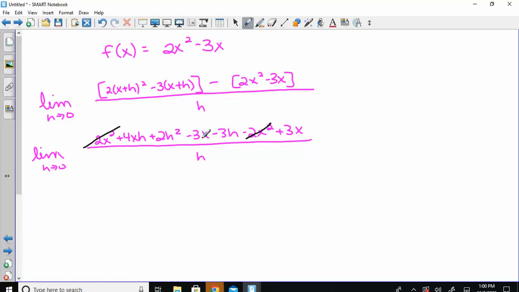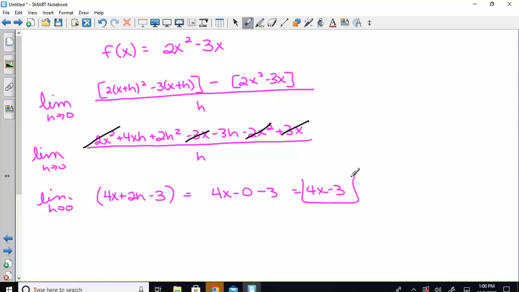And then we see 2x squareds drop, 3x's drop. Everything that's left has an h in it, so we could reduce an h. So we get a 4x plus a 2h minus 3. And now if you plug in a 0, you get 4x minus 3. Which, if we just did the power rule, is that the correct derivative? Yeah.